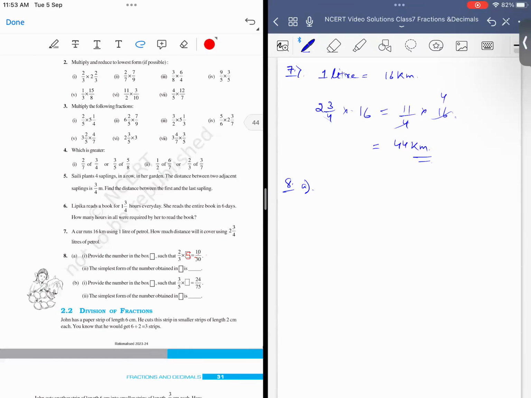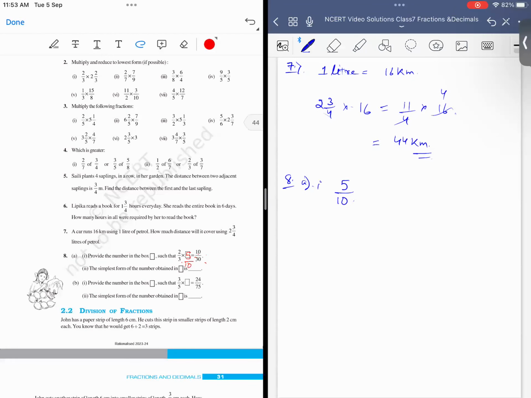Again, what should I multiply so that 3 becomes 30? 10. So what will you write in the box? 5 by 10. Next, the second one: the simplest form of the number obtained in the box will be what? 5 by 10 can be further simplified to 1 by 2.